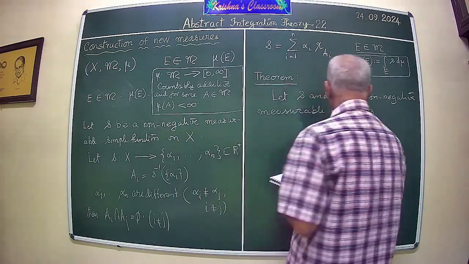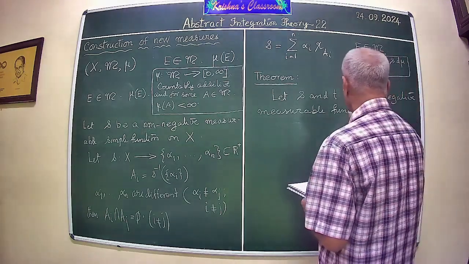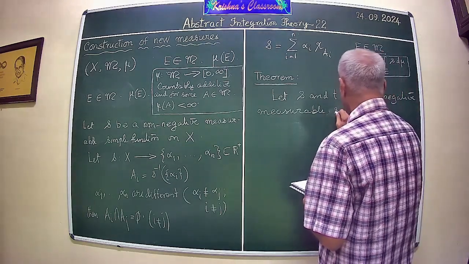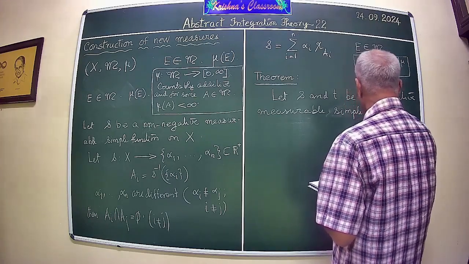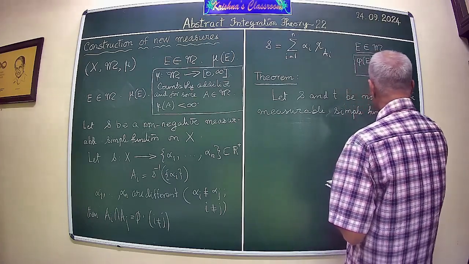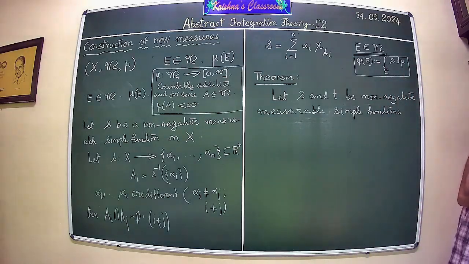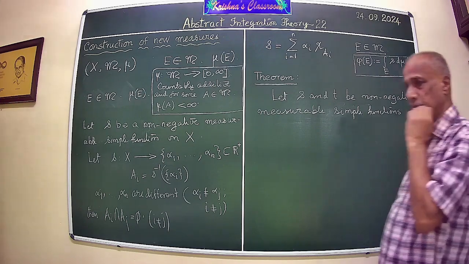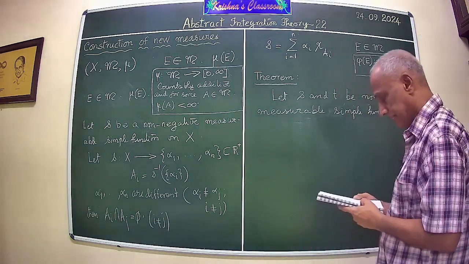So the theorem: let S and T be non-negative measurable simple functions, which means both S and T take only finitely many values. The range of S and T is finite.